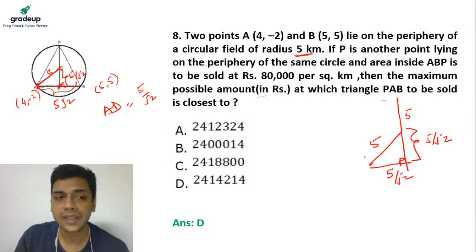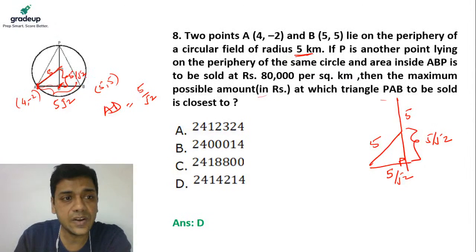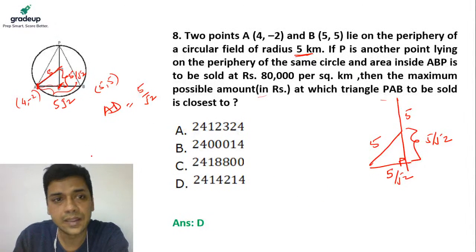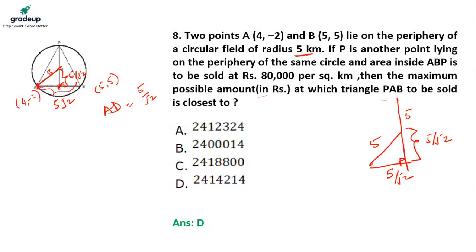OP is 5. So can I say the height of this triangle would be how much? Height would be 5 upon root 2 plus 5. This is the height. What is the base?